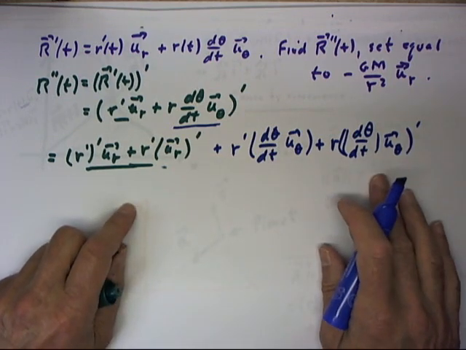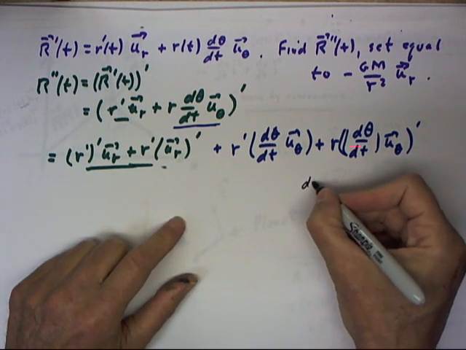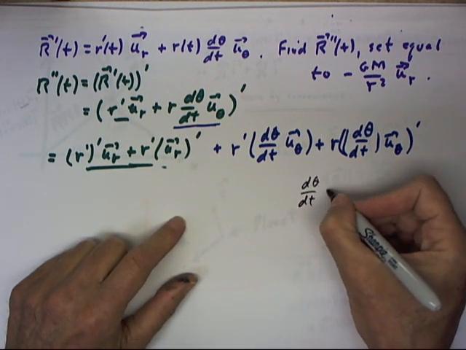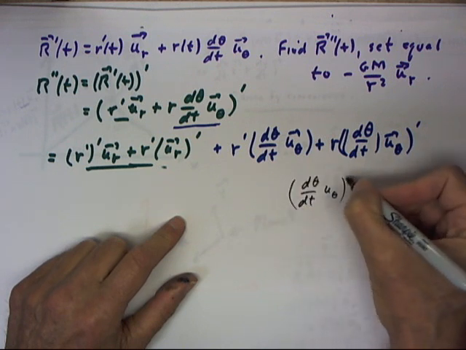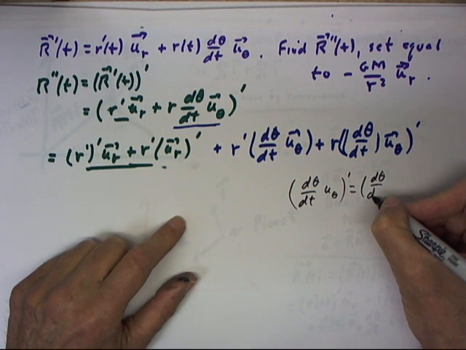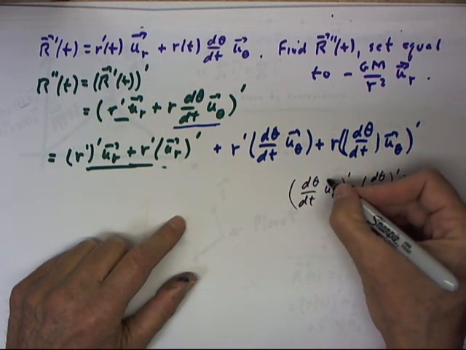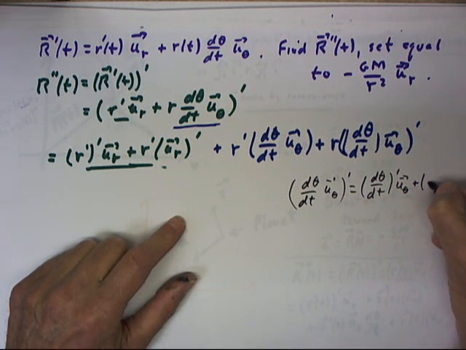Now we're going to have to simplify this. This is going to involve a product rule. Just looking at this, we see that d theta dt times u sub theta prime equals d theta dt prime times u sub theta, plus d theta dt times u sub theta prime.